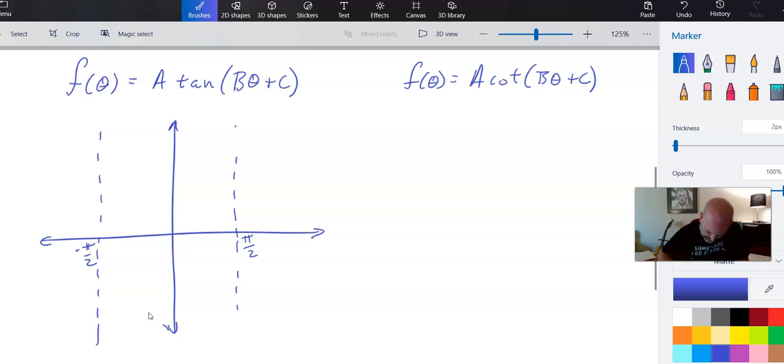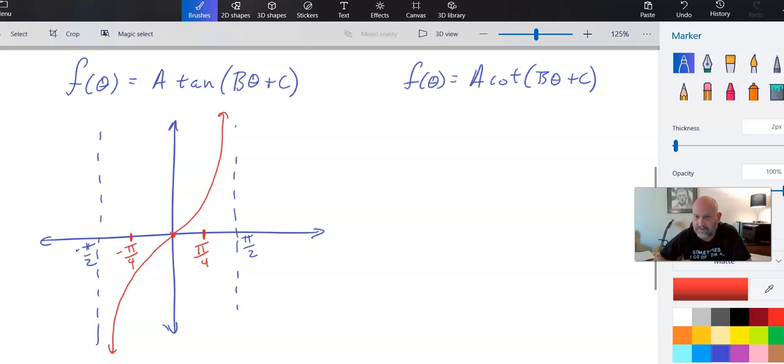My handwriting's bad on this today. And then it kind of goes up this way and back down this way. Now, there's another point in here, and we kind of briefly talked about it, but at pi over 4 and at negative pi over 4, the unaltered tangent, right? So a here is 1.